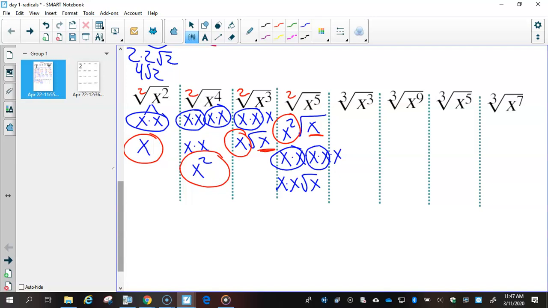So this method still works, but we're going to do the expanding part first. X to the third we know is x times x times x. Because we now have a cube root, we're looking for groups of 3, not pairs of 2. Here we have a group of 3, so they all get to come out.